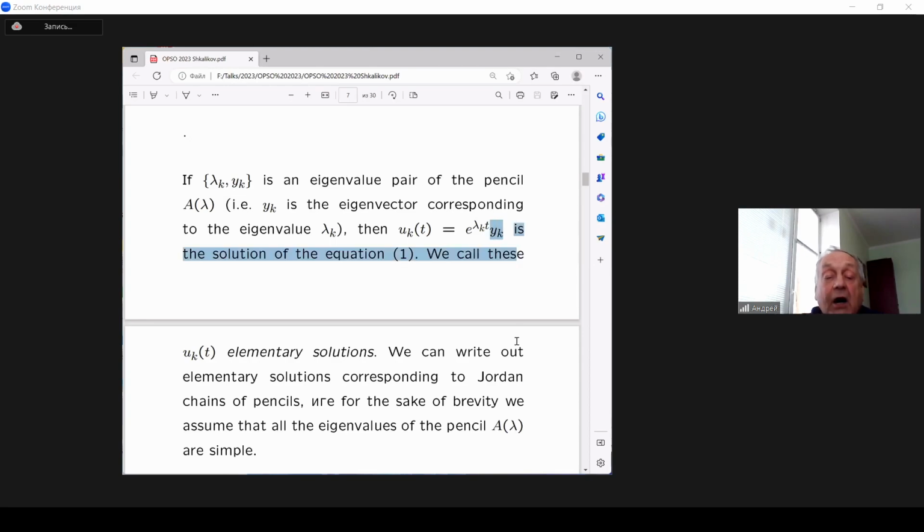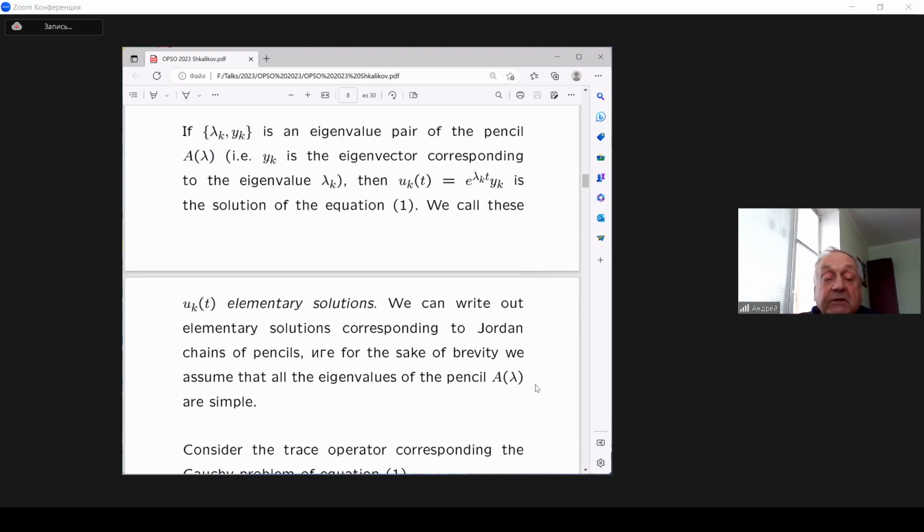We can write out elementary solutions corresponding to Jordan chains of the pencil, when we have not only eigenvectors but also associated vectors.